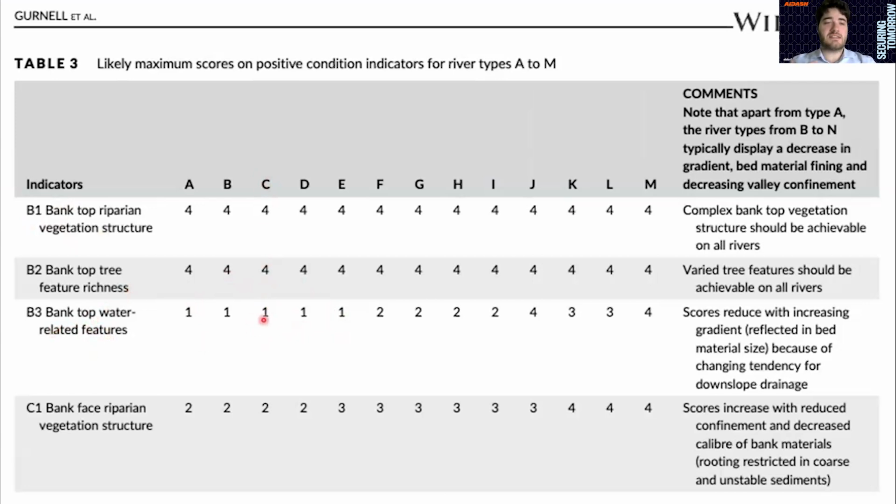So if we get an RCA result back and we're looking at the detailed nature of it, we should not be trying to improve every single positive score to 4. We should be doing that knowing what is likely to be possible, especially because you could put an intervention in, but is it going to stay for 30 years? Is it going to stay for the length of the project for which BNG is assessed?